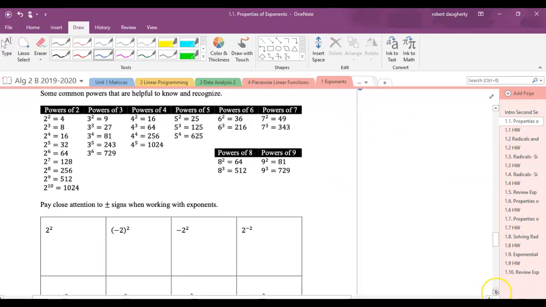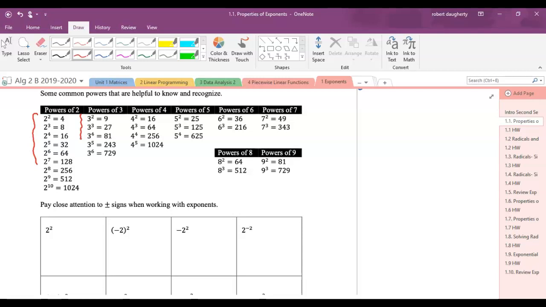Now here's the other thing: I'm not going to test you on memorization. But in the course of working with exponents, the more of these things that you know, the better off you are. I don't walk around with 2 to the 10th as 1024. This one I don't know. But with the 2's, I'm pretty good without thinking about what those are. Certainly with 3's. So when you see 3 cubed, you don't have to rely on your calculator to go 3 times 3 times 3.